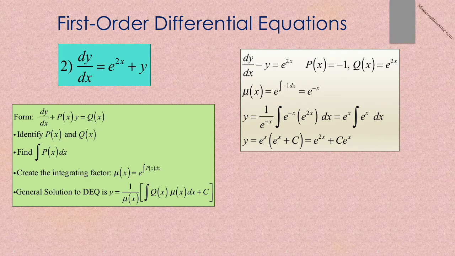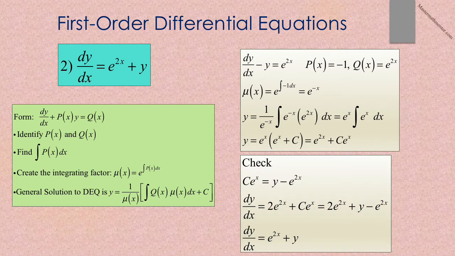And this simplifies nicely to give e to the x integral of e to the x dx. Therefore, y is equal to e to the x times e to the x plus c, or y is equal to e to the 2x plus c e to the x.